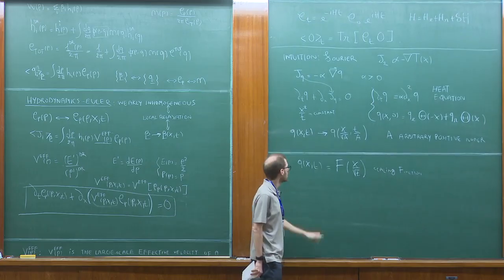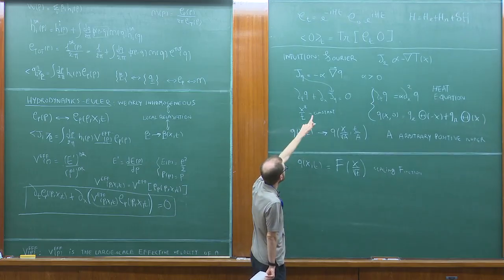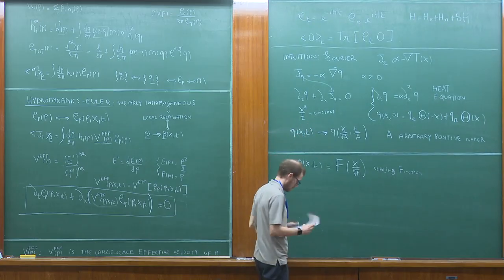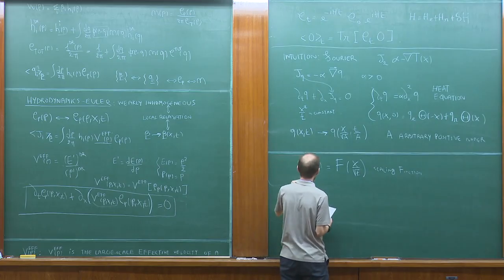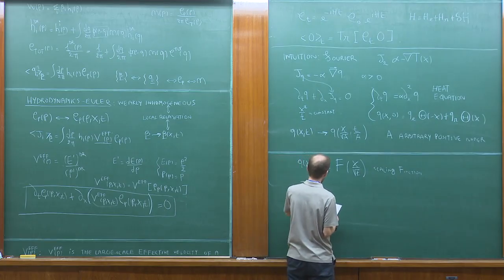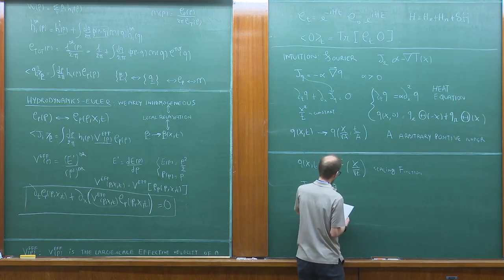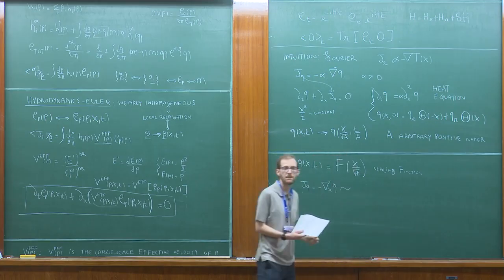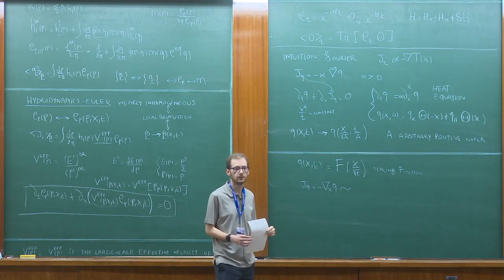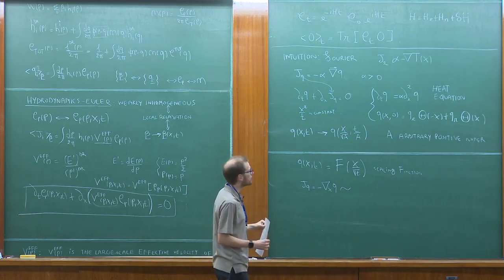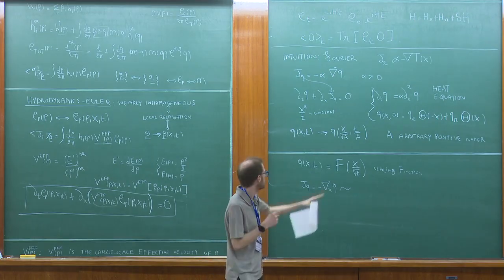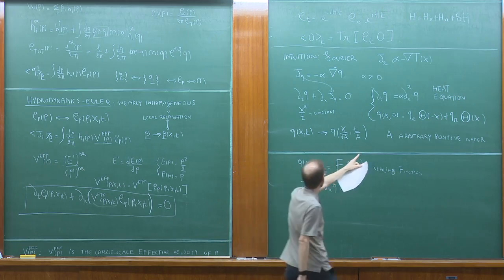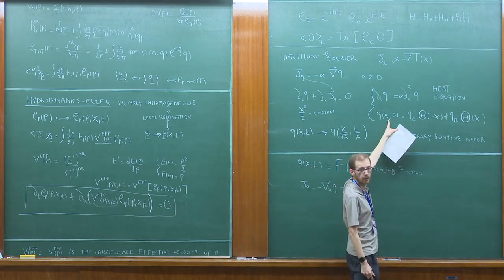Fine. Now we know the current is the gradient of Q, so we can take the derivative. F of 0 is Q at x over 0. I didn't understand the question. The initial condition? Ah, the initial condition is this one here. F of 0 has to be that.